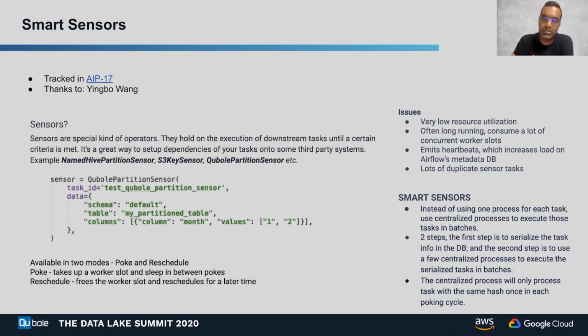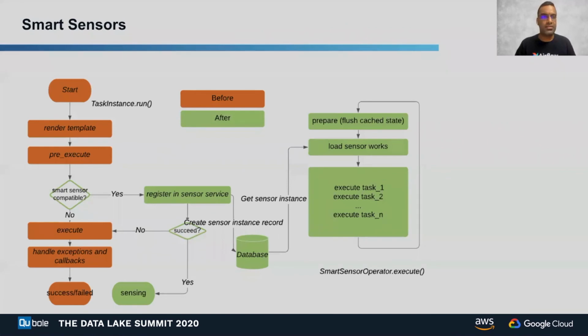The first step is that it serializes the task information into the database, and the second step is to use some centralized processes to execute the serialized tasks in batches. The centralized process also takes care of not executing duplicate sensor tasks, and it uses some hash code to identify that okay, I have done a similar thing in the past, so I should not do it again. This is the architecture of smart sensors.